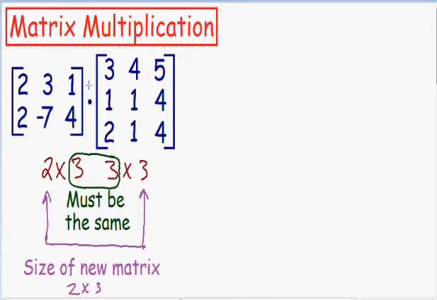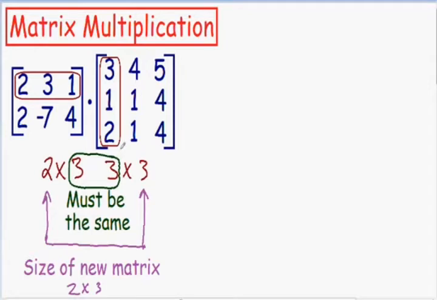Basically what we're doing when we multiply two matrices is we're multiplying the rows of the first matrix by the columns of the second matrix. So I'm going to put a box around the first row of the first matrix, and another box around the first column of the second matrix.